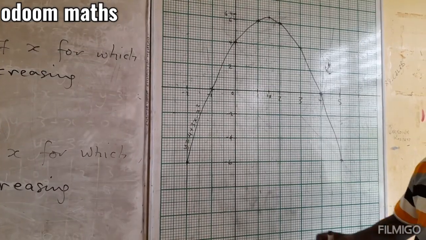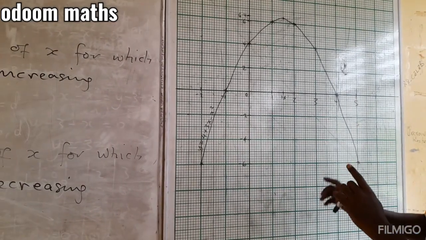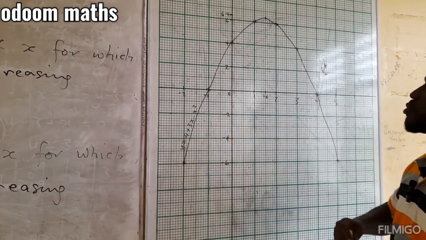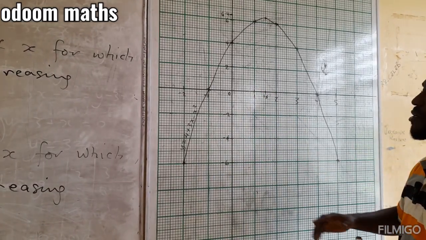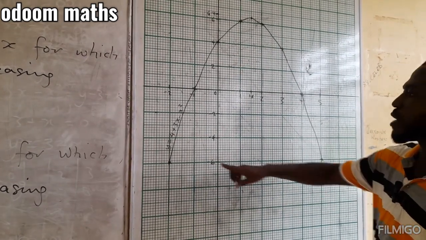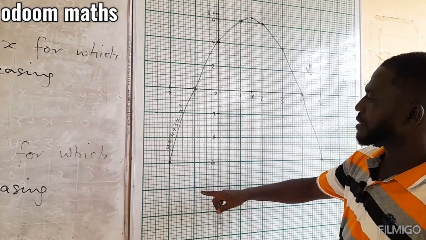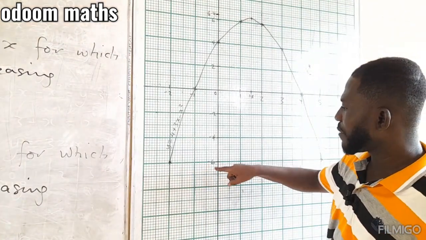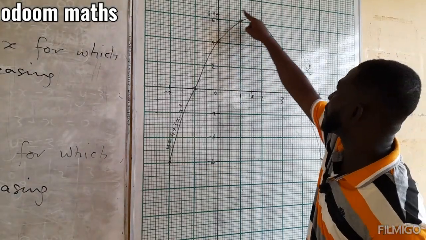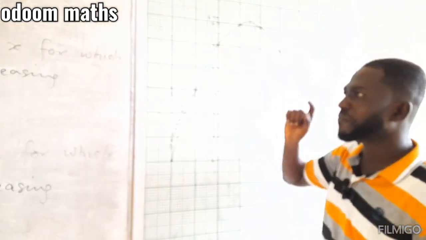Okay, so since we are done with the table, the question normally asks of us using the graph. So let's use the graph. So the range of values of x for which y or the graph is increasing. So y is increasing from y value of -6 to y value of 6.4. But we are not going to report that because the question says the range of values of x.